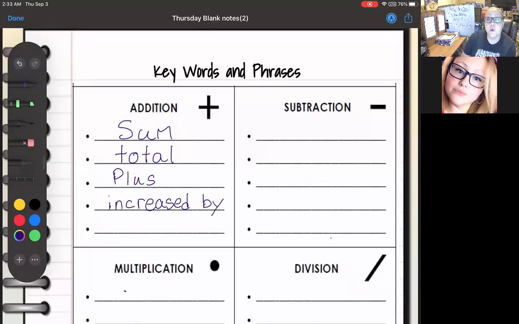And then more than. Now there's others. If you come up with some, I would love for you to tell me. Bonus points. Let's talk about some other words for subtraction.